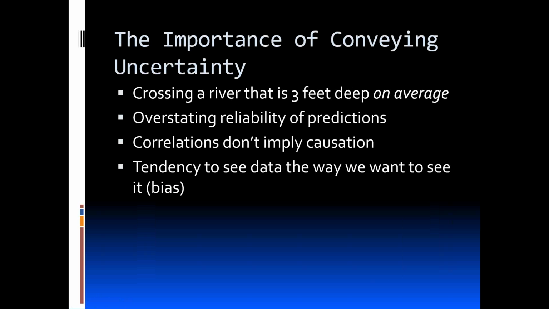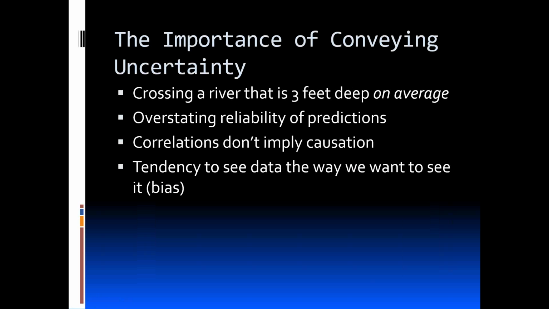We really have to be careful in medicine that we convey to our patients our level of uncertainty when we talk with them. A good example of this is, let's say we have an individual who can't swim, and they're talking to a local in the area, and the local tells them, oh, that river right there, that's 3 feet deep. You can get across that just fine on foot.